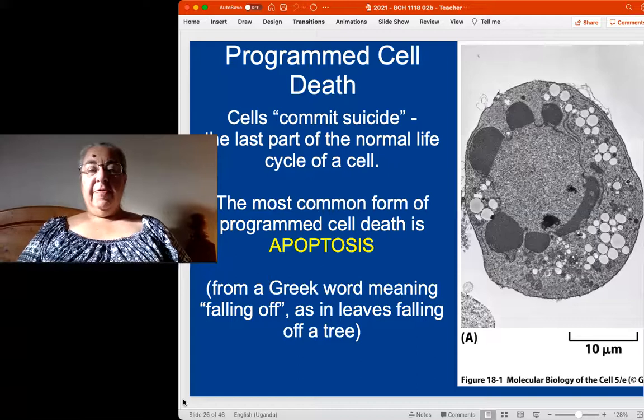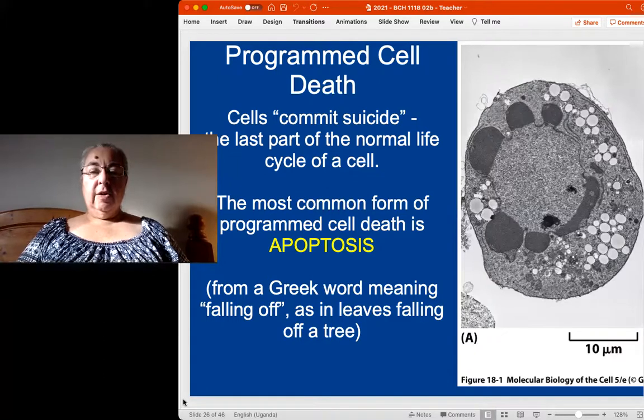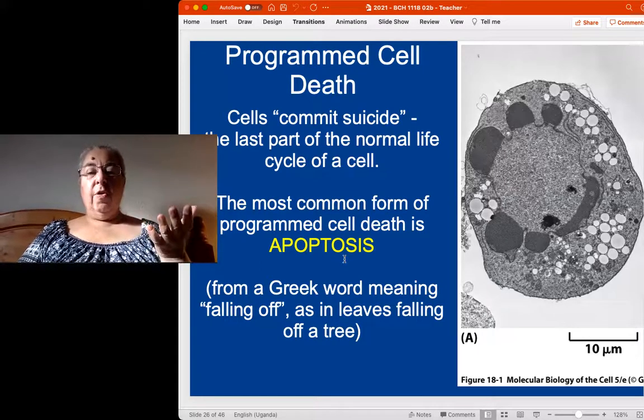So the name given to this type of programmed cell death is apoptosis. This is a rather strange word. It comes from a Greek word which means falling off or falling away. So it would be used for leaves falling off a tree.